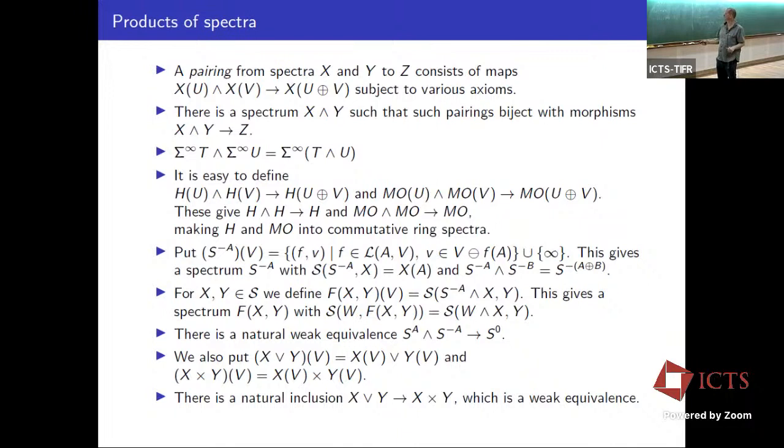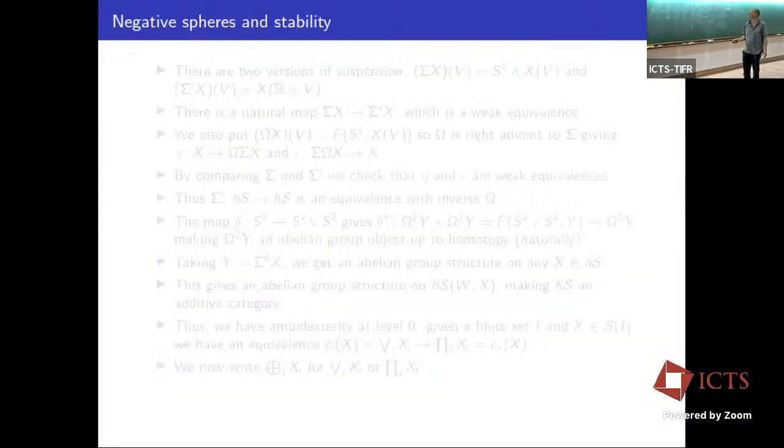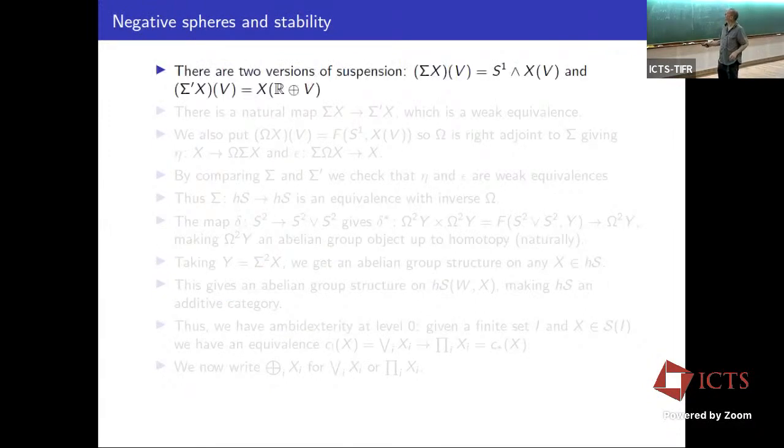You can prove in reasonable generality, rather directly, that this is a weak equivalence and then deduce the semi-additive structure, or you could do the semi-additive structure first and then deduce that this is a weak equivalence. But yeah, we'll say a little bit more about the semi-additive structure.